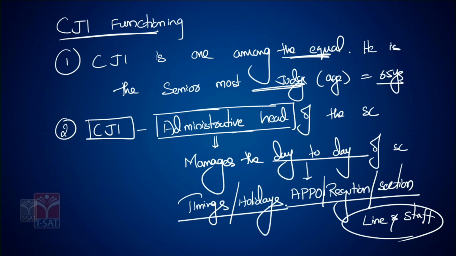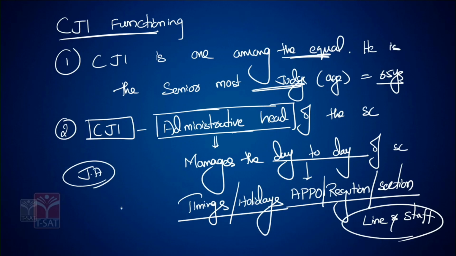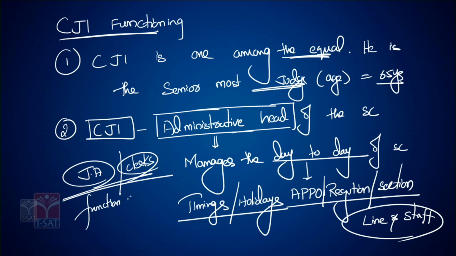So he is an administrative head. Junior assistants and clerks are all appointed by, and their functions, role and salary are decided and regulated by the Chief Justice of India. This is your second point.